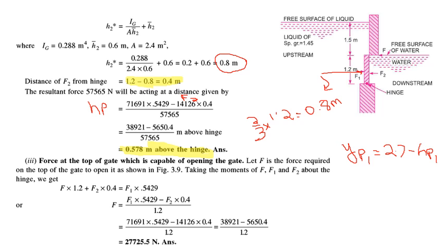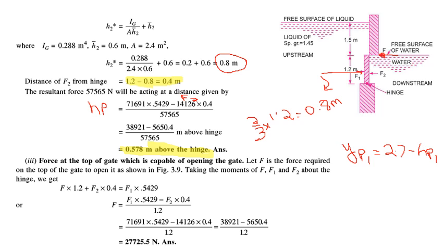The second part of this numerical was to find out the force which is acting at the top of the gate, which is capable of opening it. This is acting on the top of the gate, this is the F force, and we are going to calculate its moment about the hinge.